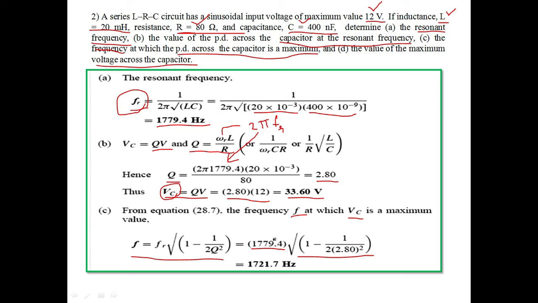Substituting that, 2 into 2.80 square gives 1721.7 Hertz. This is the frequency at which Vc is a maximum.